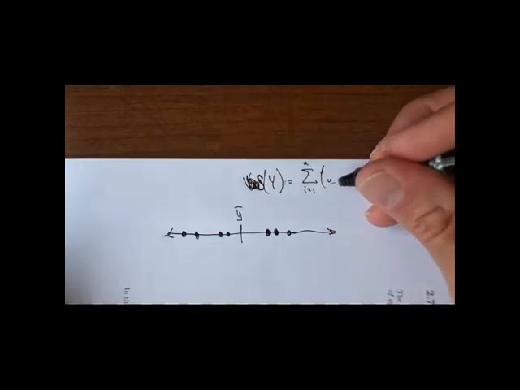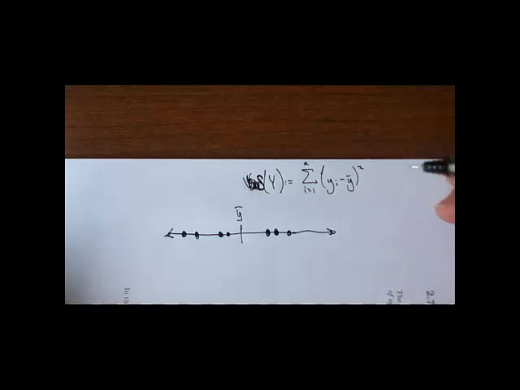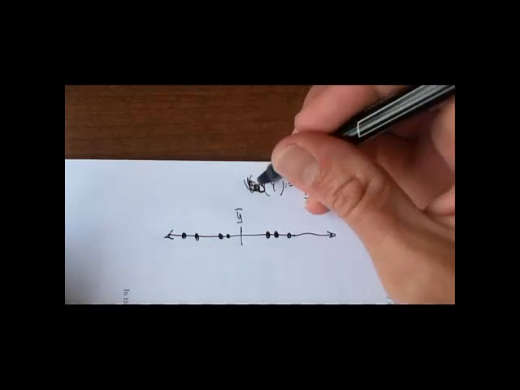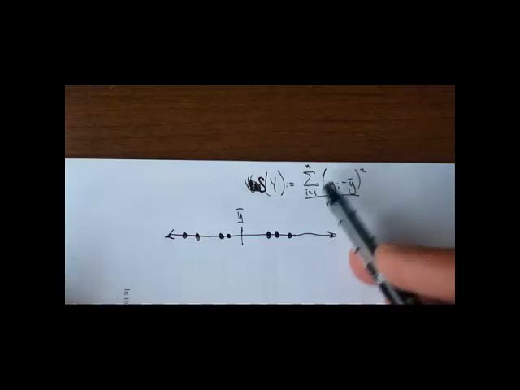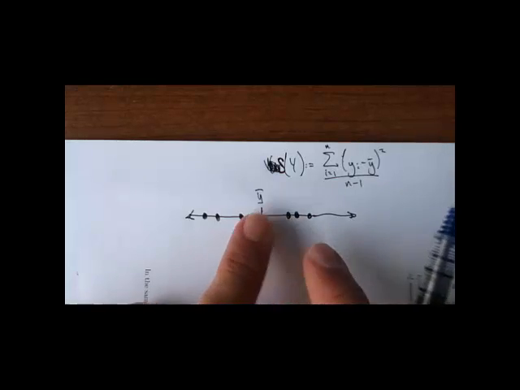It'll be the sum of the squared deviations from the mean over n minus 1, right? That's the sample variance. Now, if I take the square root of all this, I get the sample standard deviation, right? But sometimes we don't do that. We just look at this quantity. Perfectly fine. The sample standard deviation and the sample variance both just measure some kind of spread about the mean.